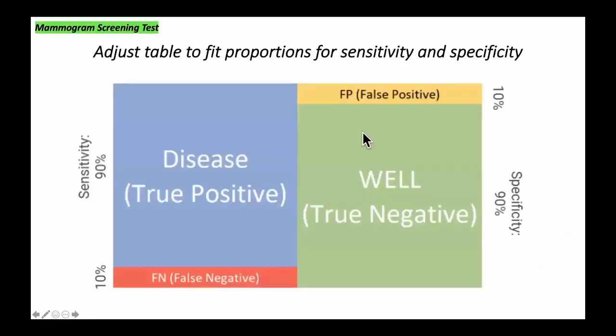What I've done with these numbers is adjust the size of the cell to accommodate the true numbers. You see we've got it color-coded for the imperfections of a test. Here are the false negatives, unavoidable.